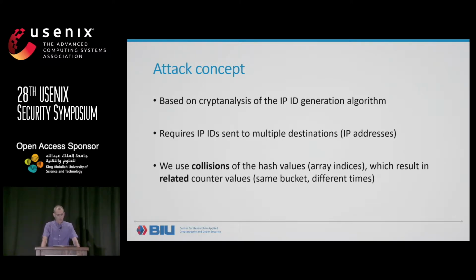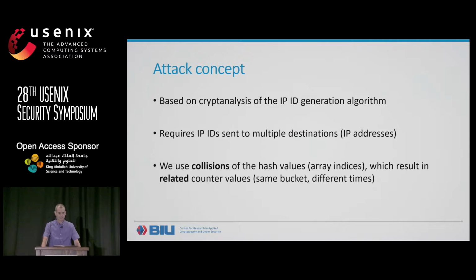We do that by cryptanalyzing the IP ID generation algorithm, both for Windows and for Linux/Android. Our attack requires, as I mentioned earlier, sending traffic to multiple attacker-controlled IP addresses and collecting the IP IDs of those packets.